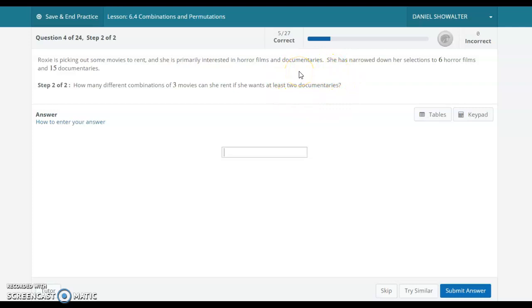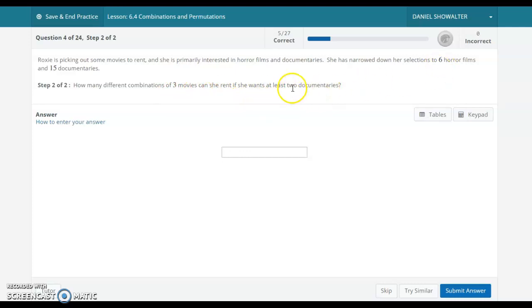So these two cases are going to be separate ways of getting a combination of 3 movies. We want to figure out what each of these numbers is, and then we want to add them. So whenever we divide it into separate cases, where each case gives us full solutions, but different types of solutions, then we add them together at the end to get the total number of solutions.